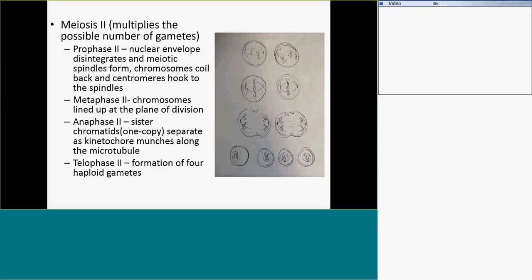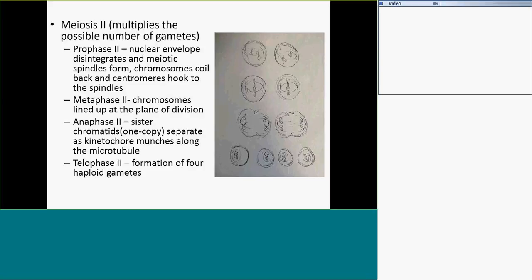Division is essentially, at this point, the same as mitosis moving forward. But in prophase 2, there's no crossing over. That was just in prophase 1, during meiosis 1. There's no crossing over during prophase 2. It follows the basic pattern that we observed in mitosis.